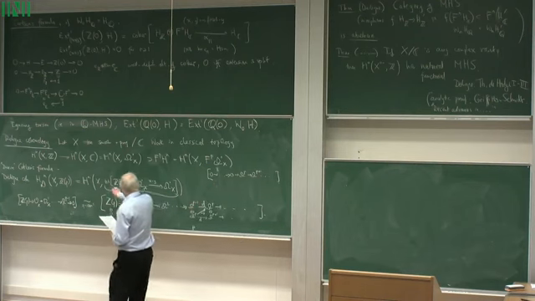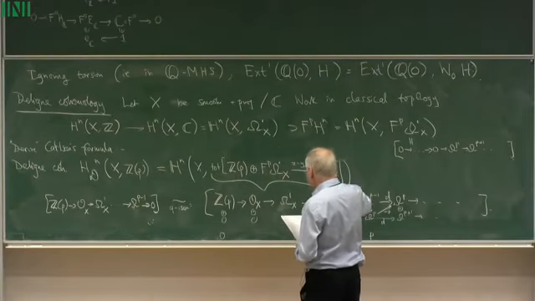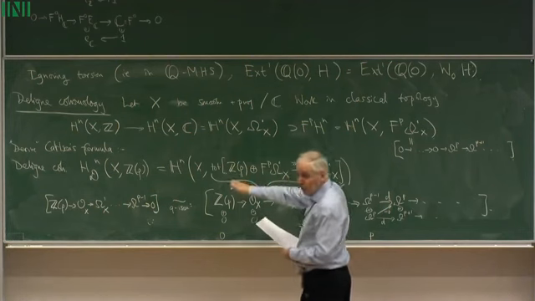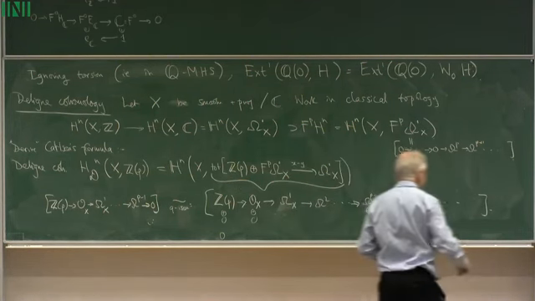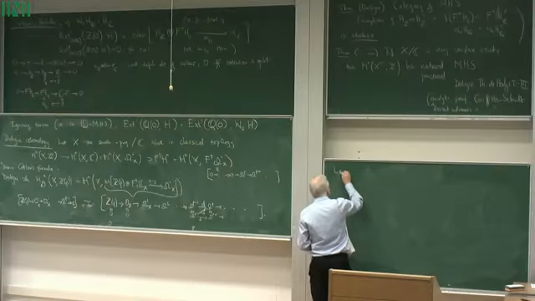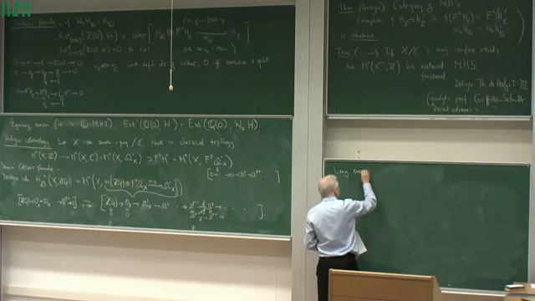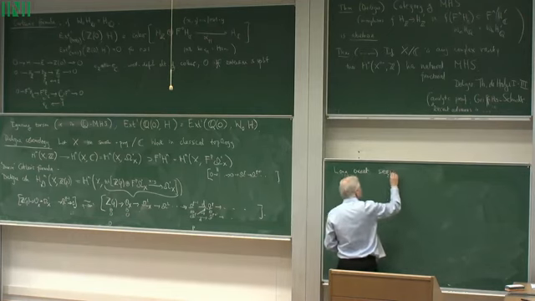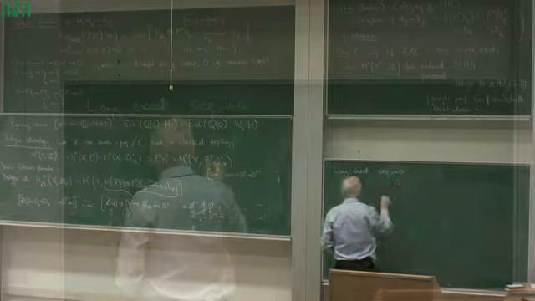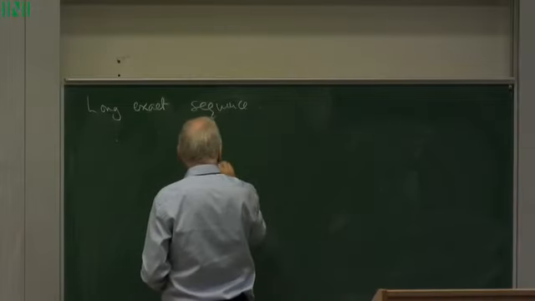Okay, now let's look at the map between this complex and this complex. That will give us a long exact sequence in cohomology. So let's have the H^n Deligne cohomology.